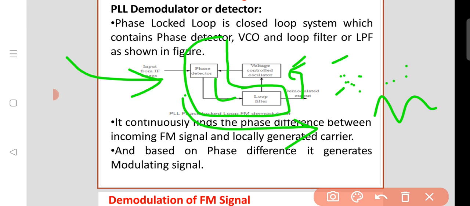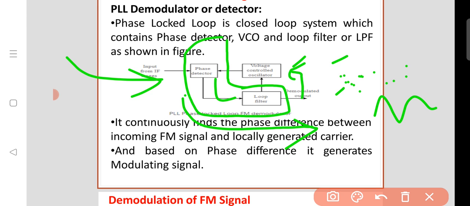Okay, I hope you understand. So the frequency deviations are produced by the VCO through variations in the input voltage. The input control voltage comes from the low pass filter. This low pass filter voltage controls the VCO, and the frequency of the VCO is adjusted by the low pass filter error signal.